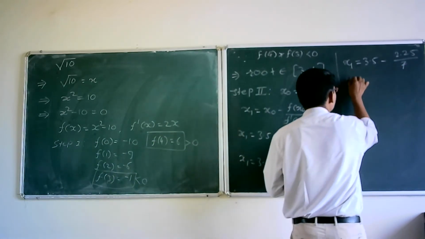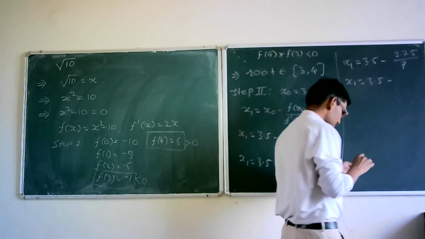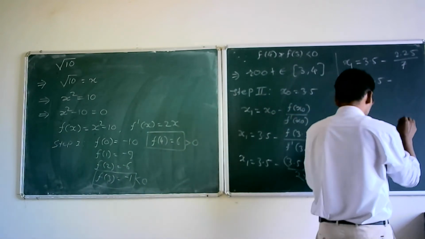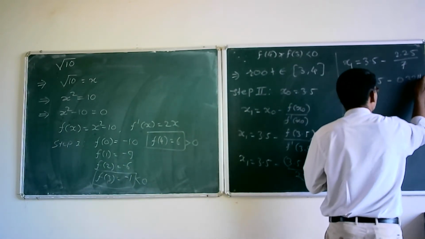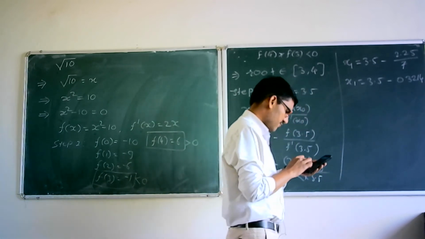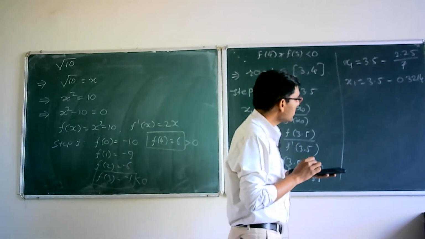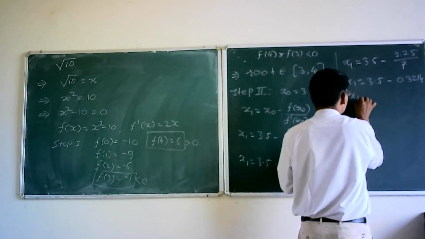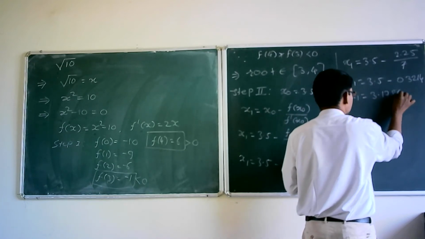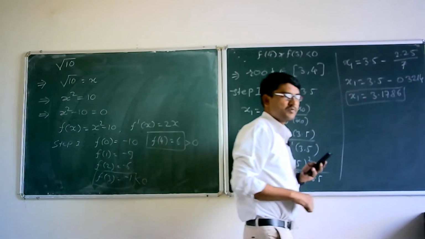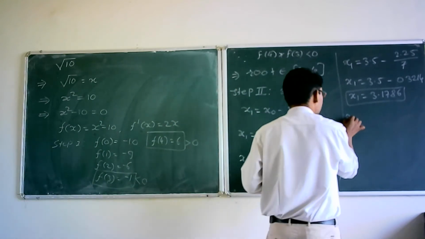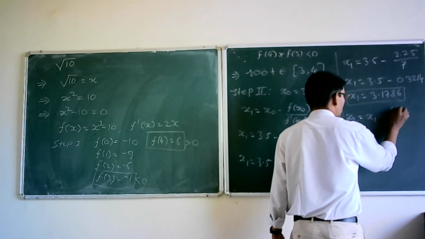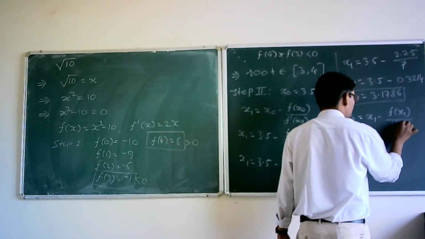So x1 is equal to 3.5 minus 2.25 divided by 7, that is 0.3214. If you subtract, 3.5 minus 0.3214, you will get 3.1786. So this is your second approximate root. Now next we want to determine x2. What is x2? x2 is equal to x1 minus f of x1 divided by f dash of x1.